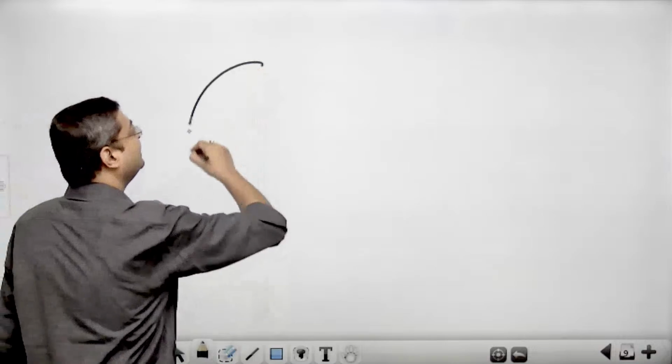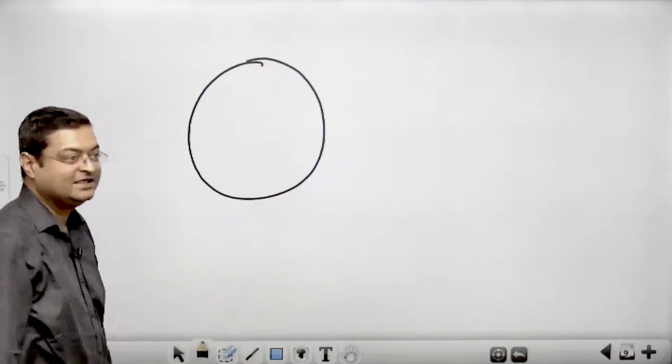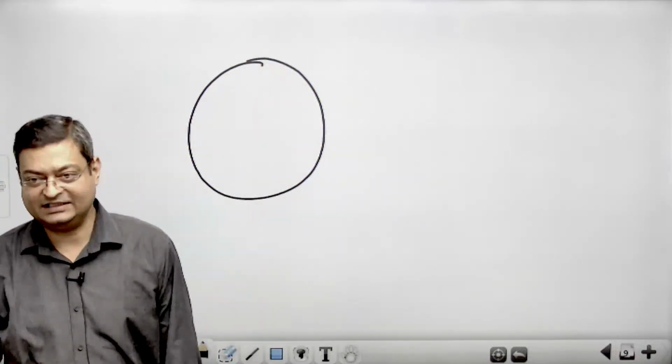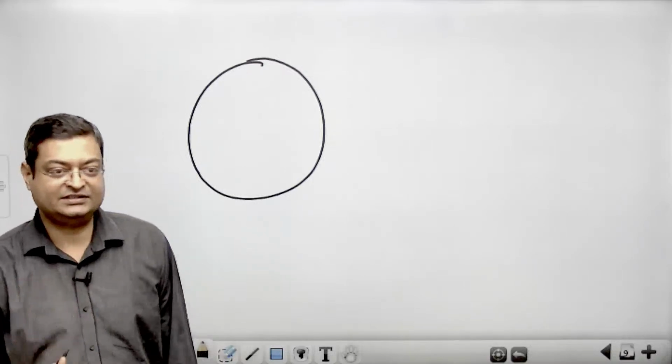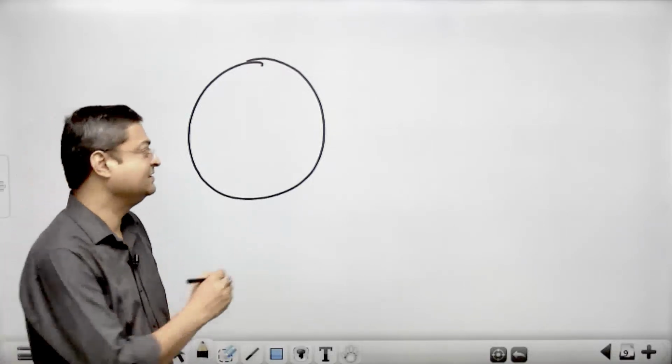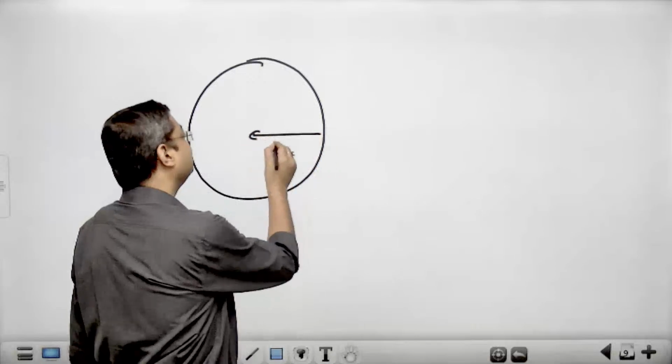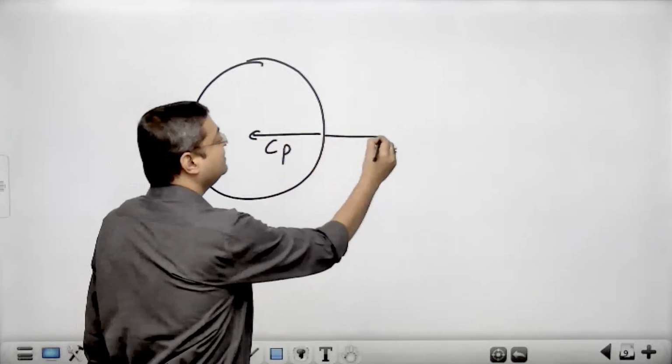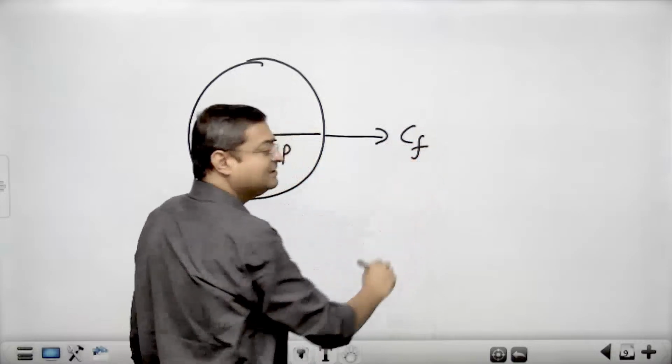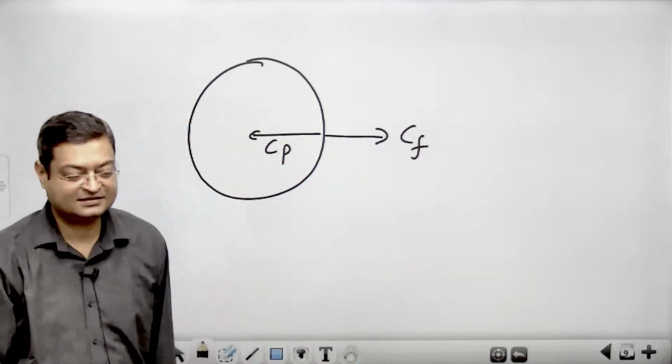See, Earth is rotating. So if Earth rotates in a circular rotation, there are two types of forces. Inside is centripetal, outside is centrifugal.